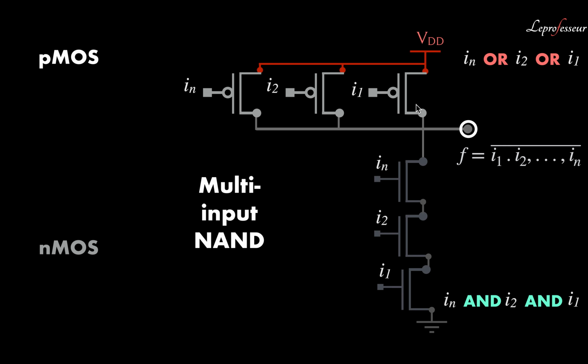So when we have more than 2 inputs, we could connect n number of PMOS in parallel and n number of NMOS in series. And at the intersection of these two networks, pull-up network and pull-down network, we can get the desired output for the multi-input NAND gate.